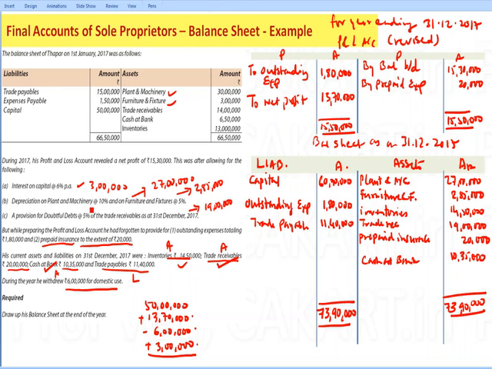If you have the institute's material, please take this example and star it, so that when you revise this chapter later on, you need to solve it fresh. Okay, quickly. I mean, you don't have to make all the diagrams and all, but quickly calculate all the figures and feel happy that you know how to calculate revised net profit, you know how to prepare the balance sheet, and everything should match in the end.